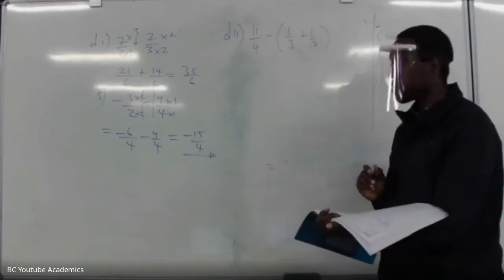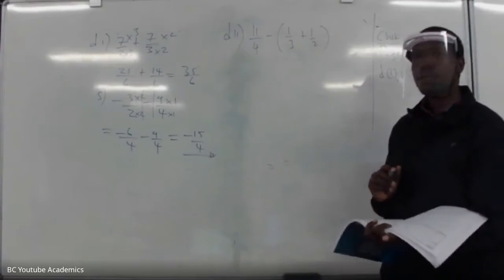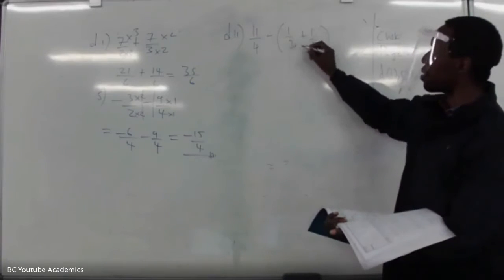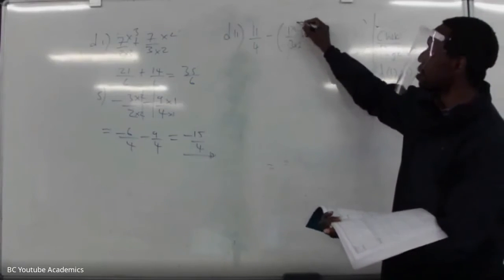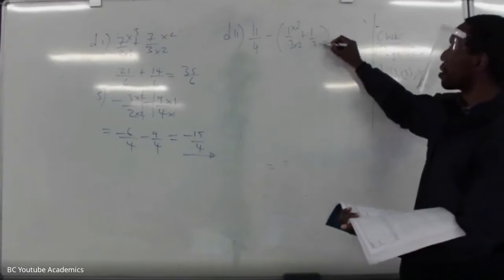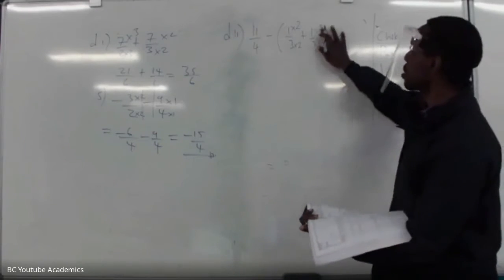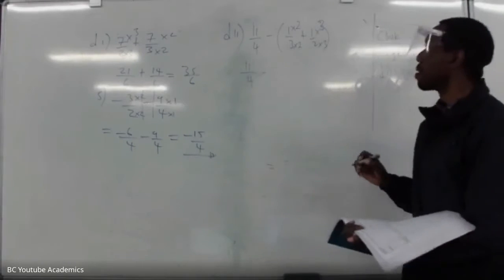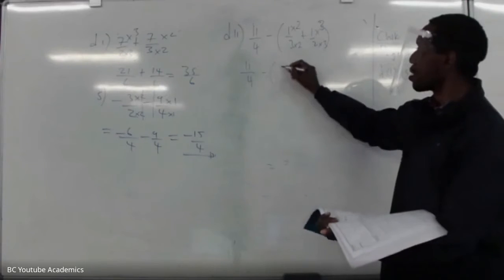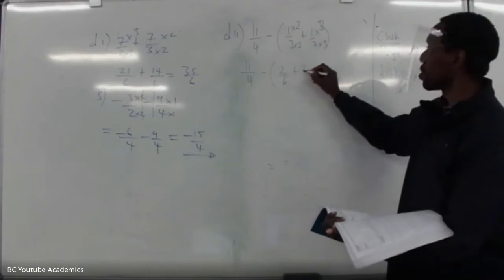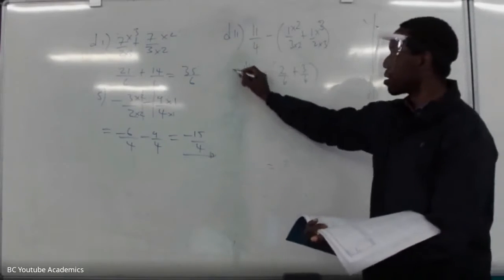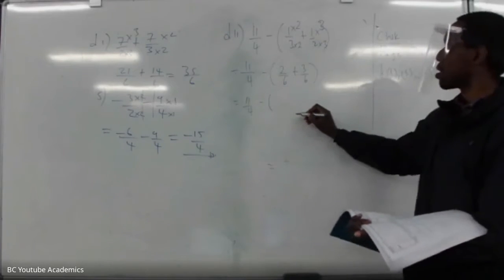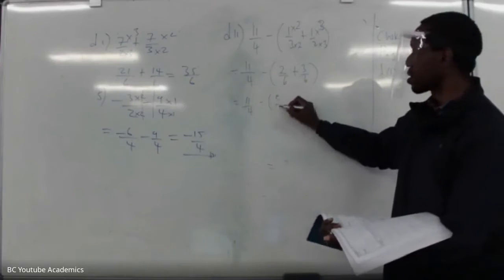And then I found the lowest common denominator of 3 and 2 in the brackets, which is 6. So therefore, I multiplied by 2 and by 3, then I put 11 over 4 minus 2 over 6 plus 3 over 6, that's 5 over 6. So it equals 11 over 4 minus 5 over 6.